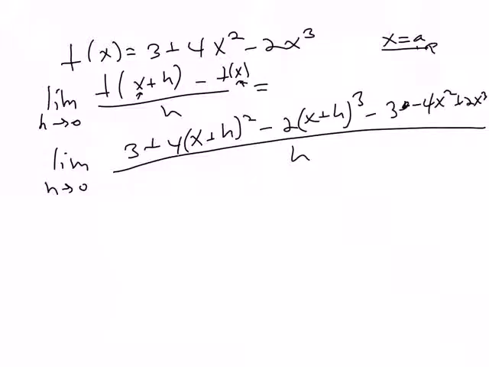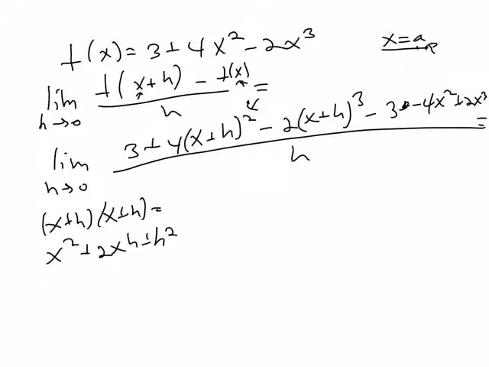Okay, so let's first find what this is. x plus h times x plus h is equal to x squared plus 2xh plus h squared. And then let's multiply it again by x plus h, so we know what this is.